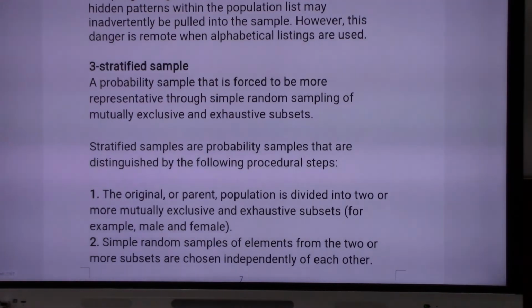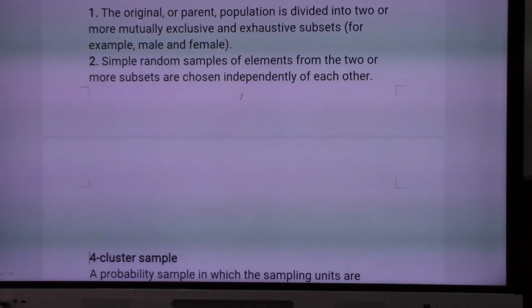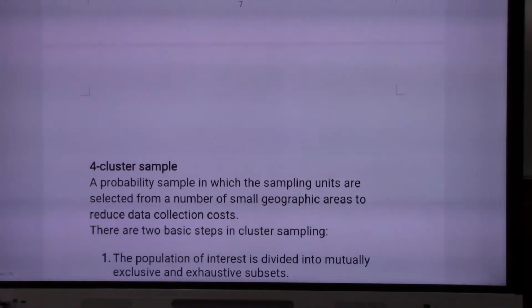The last type of probability sample is cluster sample. A cluster sample is a probability sample in which the sampling units are selected from a number of small geographic areas to reduce data collection costs. There are two basic steps in cluster sampling.